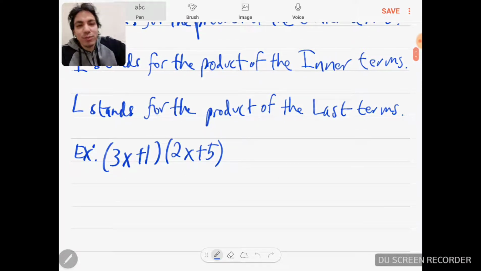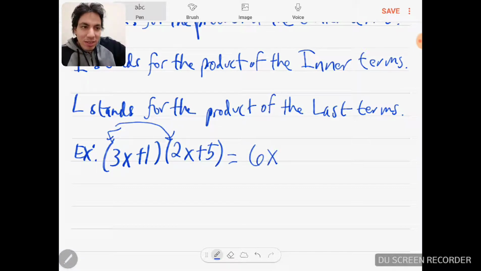last terms. So F for the first term, so meaning 3x times 2x, that's the first thing you're going to do, which is going to be 6x squared. The next term, so now the O will go here for the outer term.